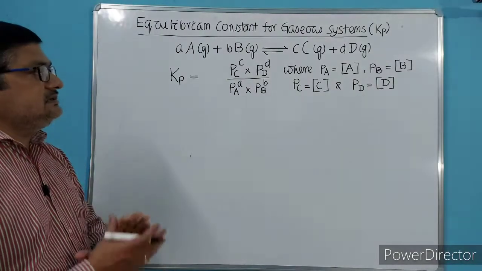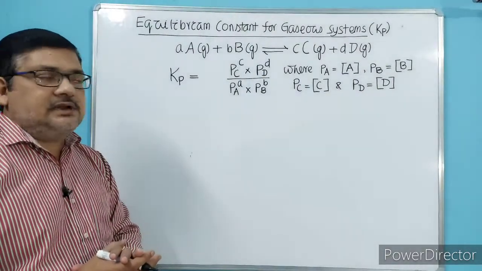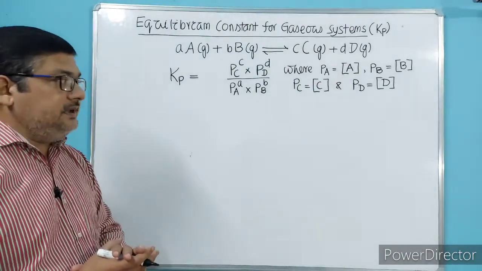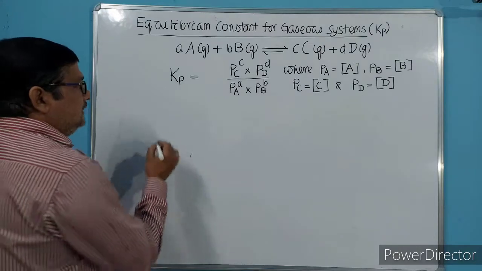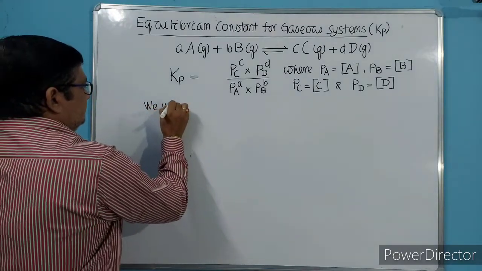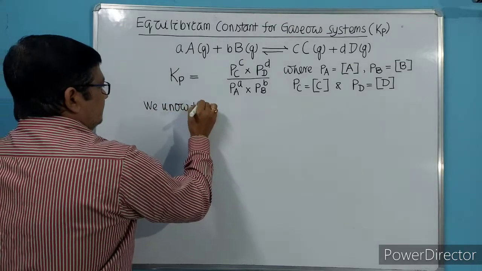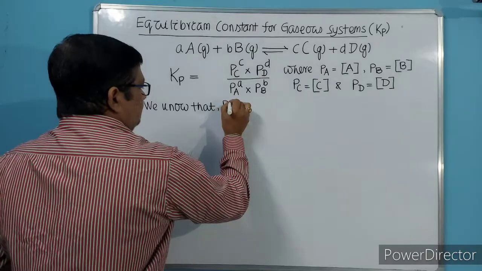From this we'll find out the relationship between Kp and Kc. So next, the relationship between Kp and Kc. This is the expression for Kp. Okay, so we know that PV is equal to nRT.